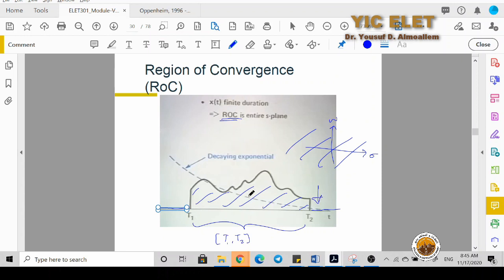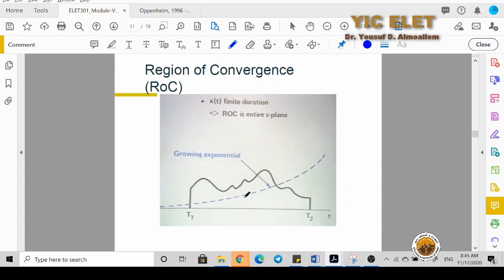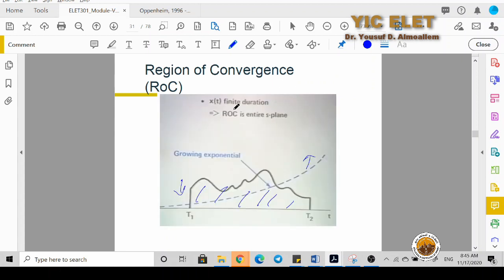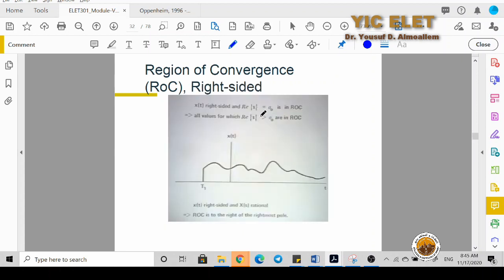So we will be able to find what this function is. We can do it both ways, whether it is a decaying exponential or a growing exponential. One way we push it down, the other way we push it up, but in the end it is a finite number, and we can calculate the entire area under this function. This is what we call finite duration.